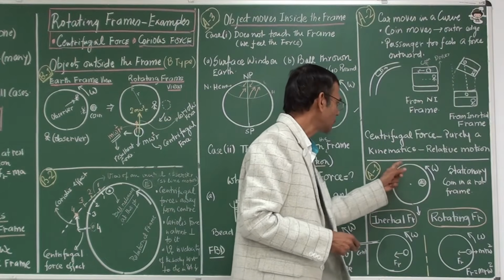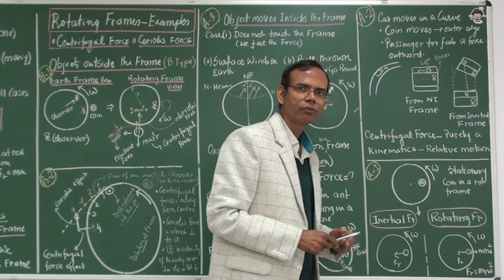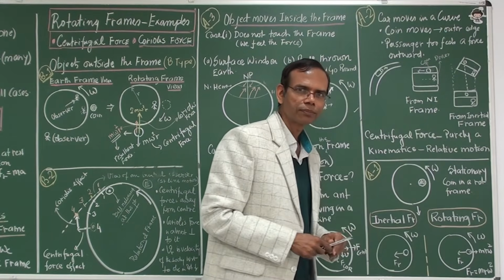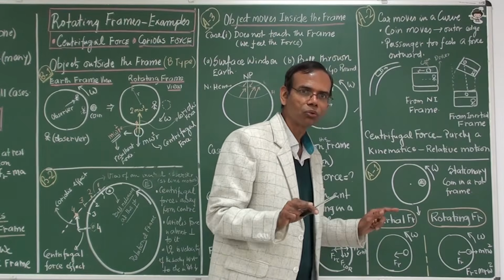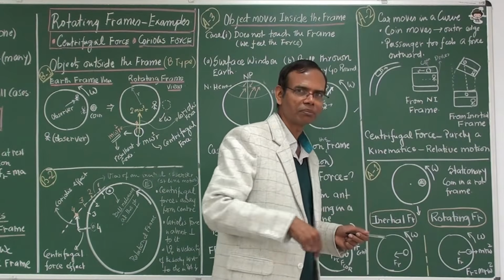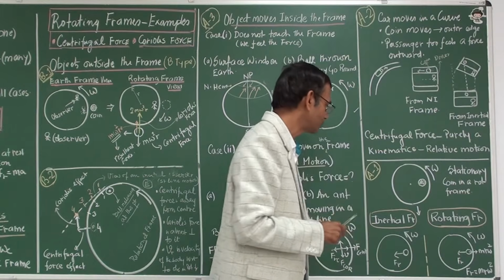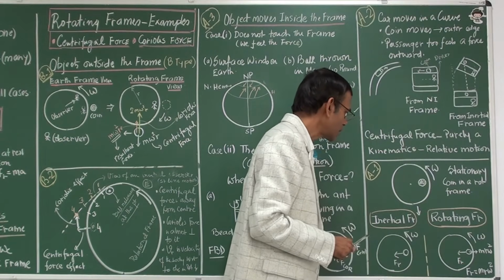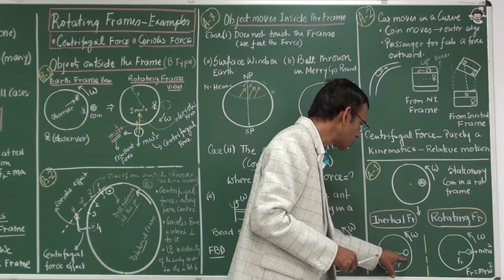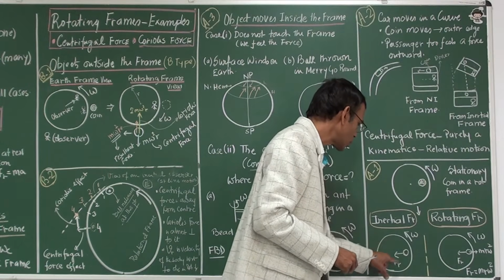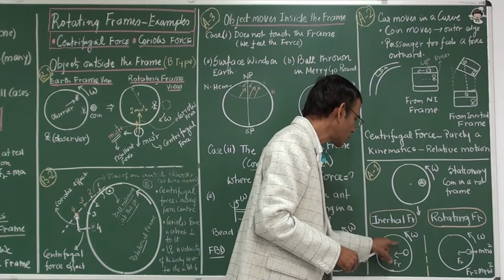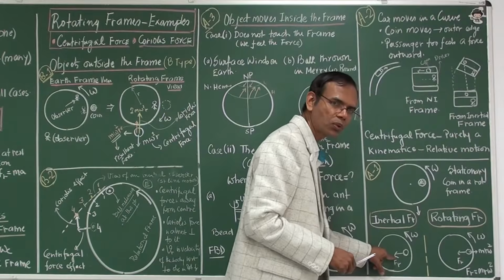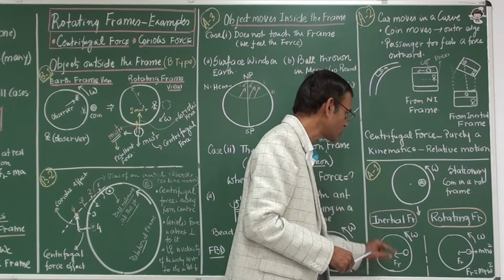What happens is that there is a rotating frame, and in that frame a coin is there. Now the coin doesn't move, so it is moving with the frame. This is there in the books. From the inertial point of view, it is rotating in a circle, and there is a net force acting towards the center, which is the frictional force.